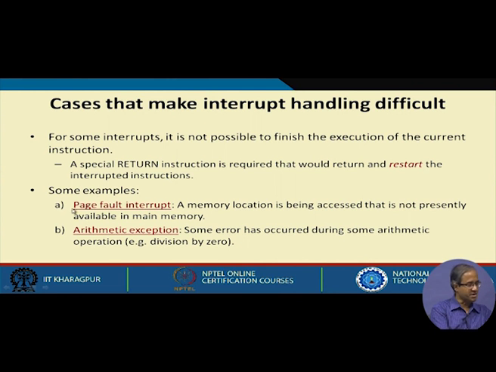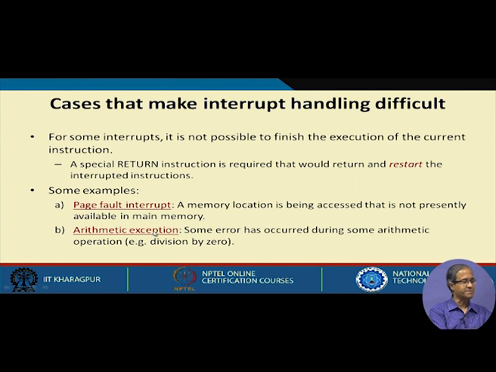Some examples are page fault. This happens in operating system in the memory management. When a memory location is accessed which is not presently loaded in memory, a page fault interrupt comes. So, you will have to load the requested memory location, the page in memory, come back and again restart the instruction, so that it can access the memory location correctly this time.